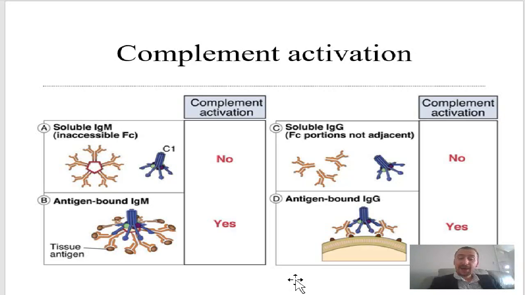But upon binding to the antigen, the Fc portion of IgM can activate complement. Similarly with IgG, when there's no antigen bound, it will not activate complement, whereas once IgG has bound to the microbe, the Fc region will enable activation of complement. That's how antibody or immunoglobulin can contribute to the immune response in terms of complement activation.